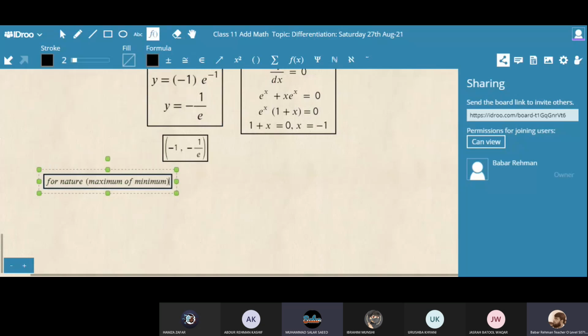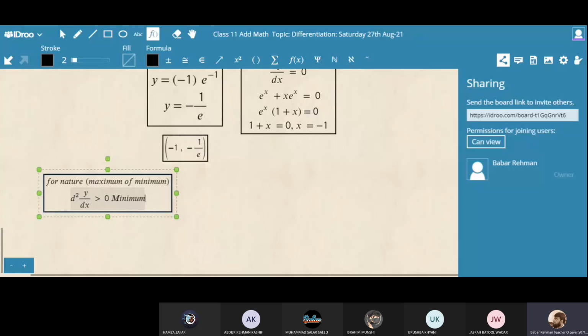So how can we know that the point is maximum or minimum? By finding the second derivative. Yes. So we will find the second derivative, d square y divided by dx square. If the second derivative is greater than 0, what does it mean?